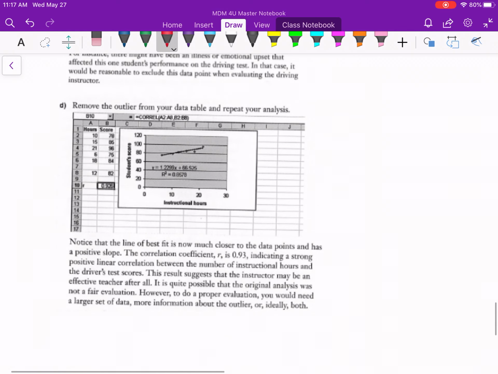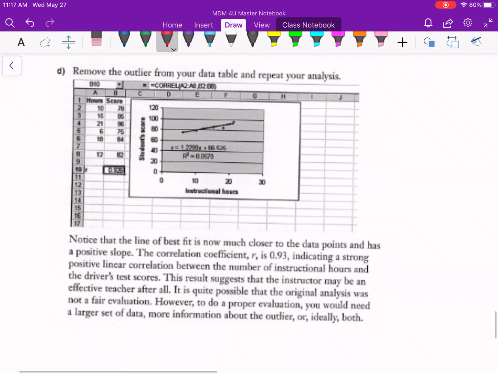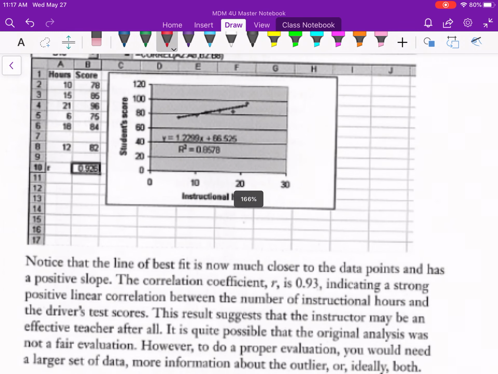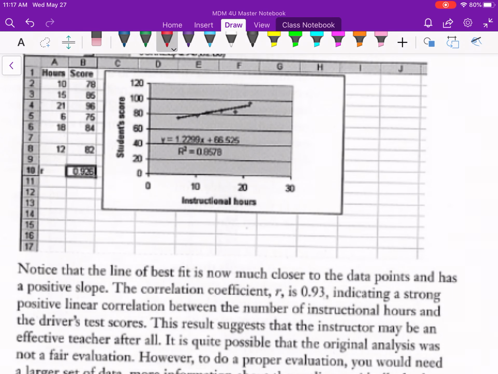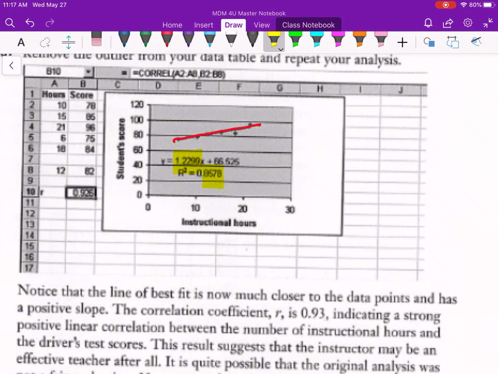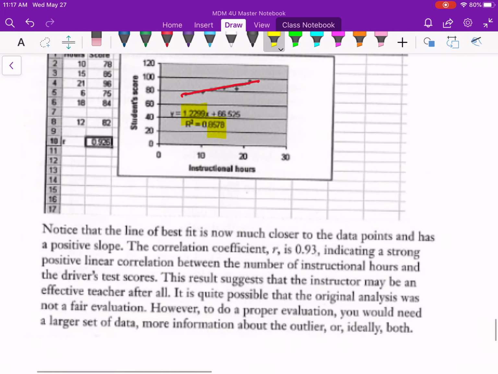If we remove the outlier from the table and redo it, you can see things make more sense. This line of best fit is going the way we'd expect it to. We've got a positive slope now, and a much stronger correlation. That's R squared. If you take the square root of that, you'll get the actual R value.